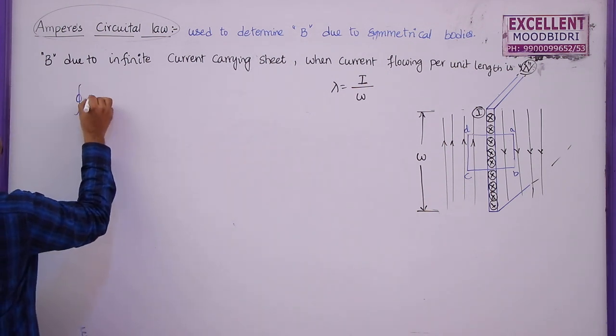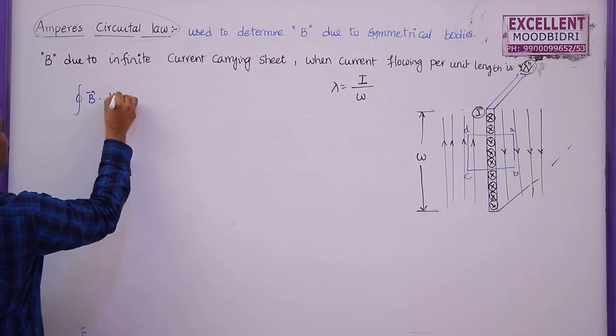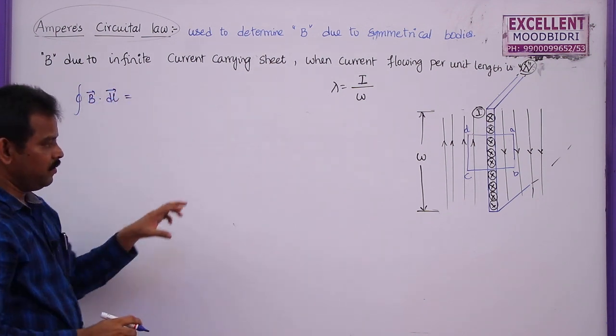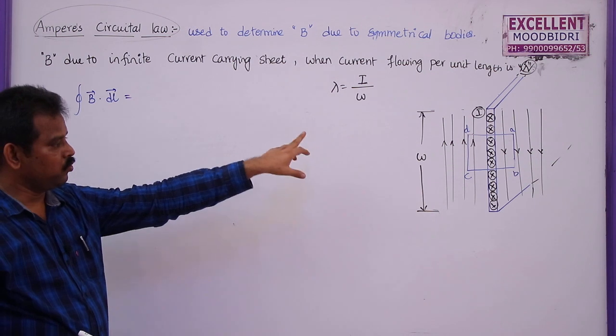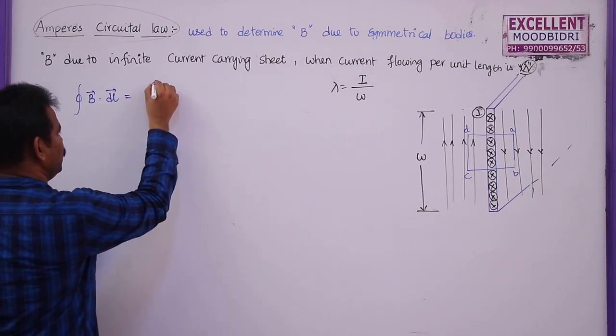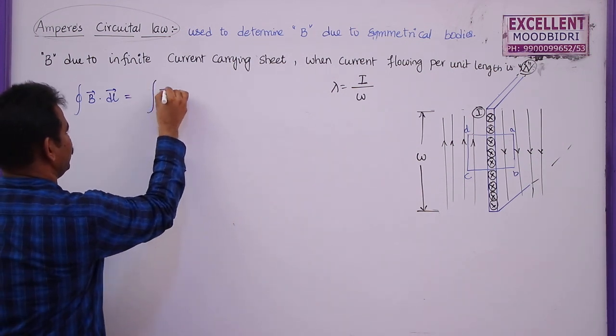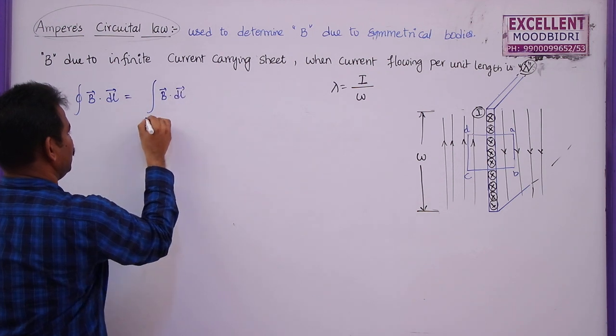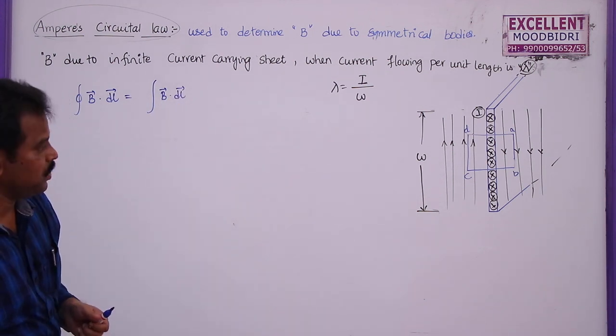The total line integral of B bar dot dl bar is given by the magnetic field due to these four sides of this Amperian loop. The first one is the integral of B bar dot dl bar from limits A to B. Why?